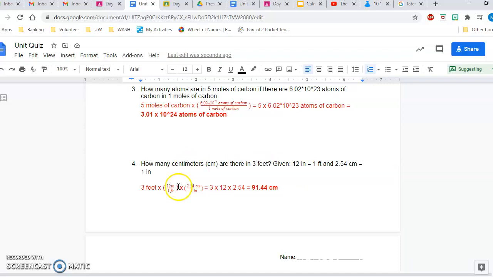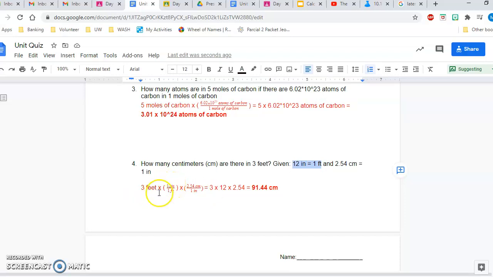So we can't just do one conversion, we need to do 2 conversions. So let's start with what we're given. We're given 3 feet, so we're going to start with 3 feet, and now I need the conversion factor that has feet in it. So this first conversion factor has feet in it. I'm going to put feet on bottom so they cancel, and 12 inches on top.